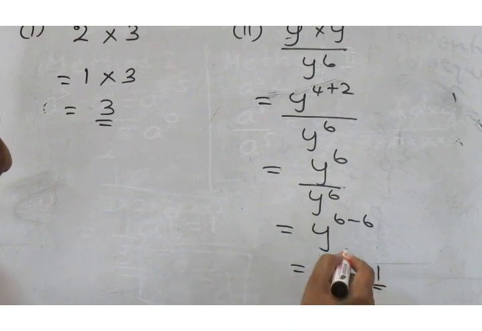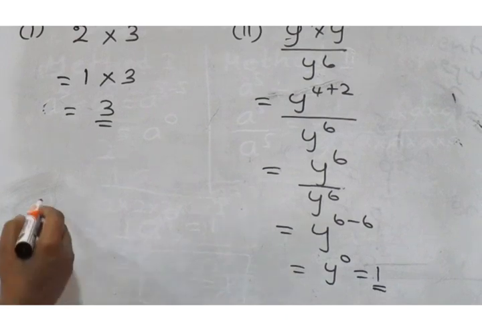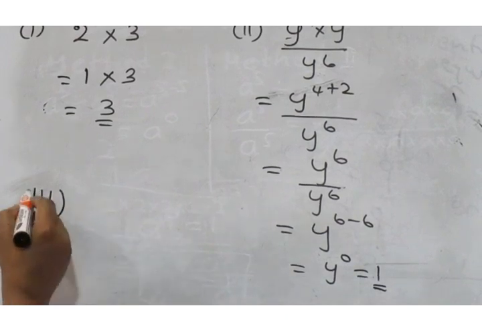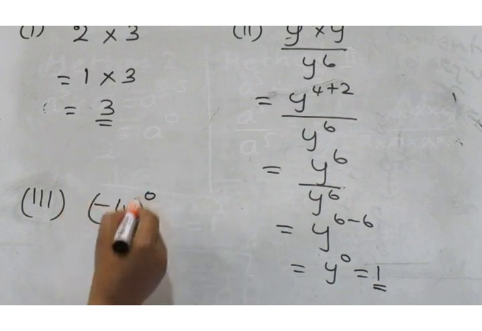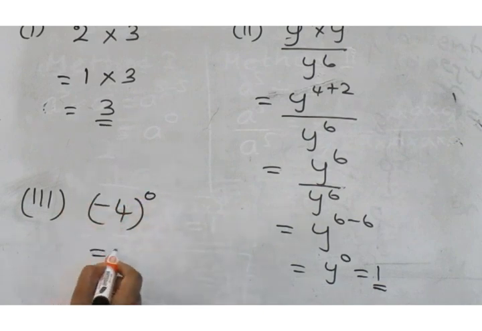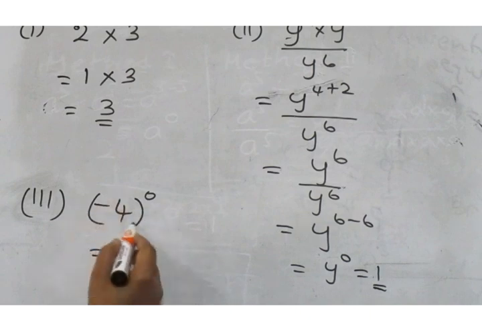The answer is 1, the 0 index of any power. Now see the third example. Find the value of negative 4 to the power 0. Then the answer is 1, since the 0 index of any base is 1.